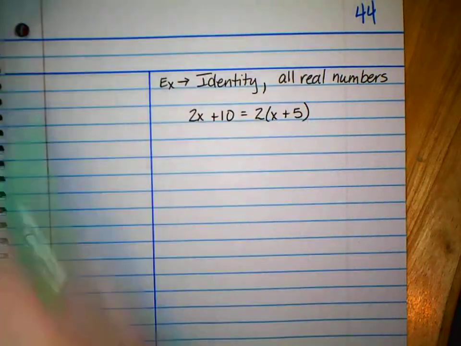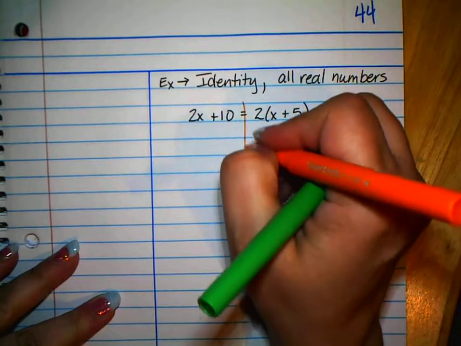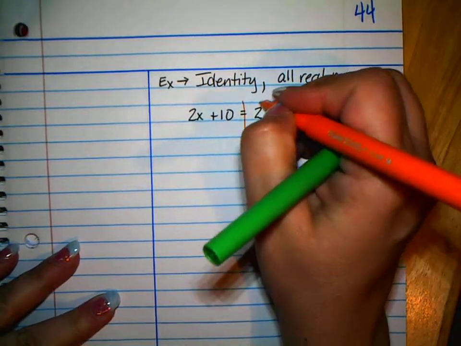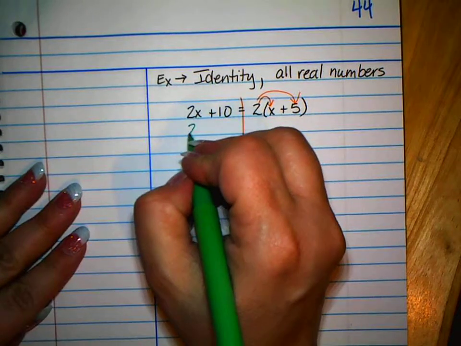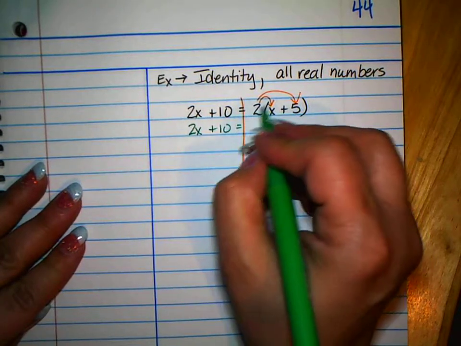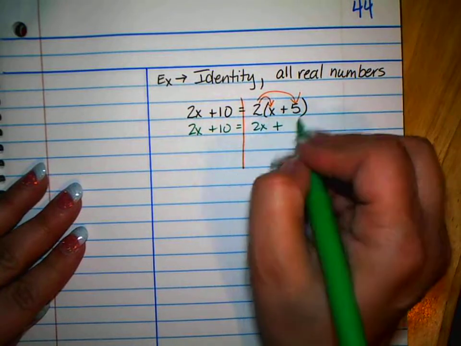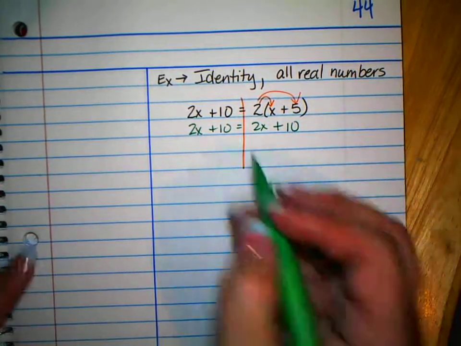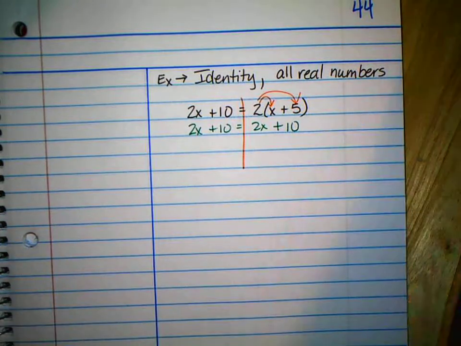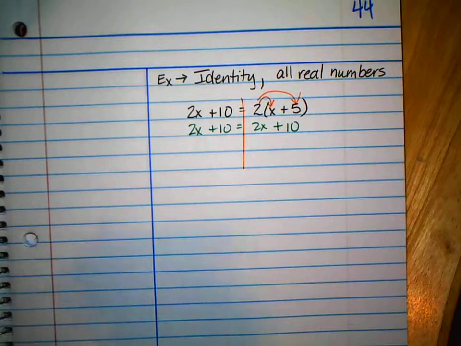Build my wall, and I have distributive property. 2 times x is 2x, 2 times 5 is 10, and what you have here, both sides are the exact same thing.